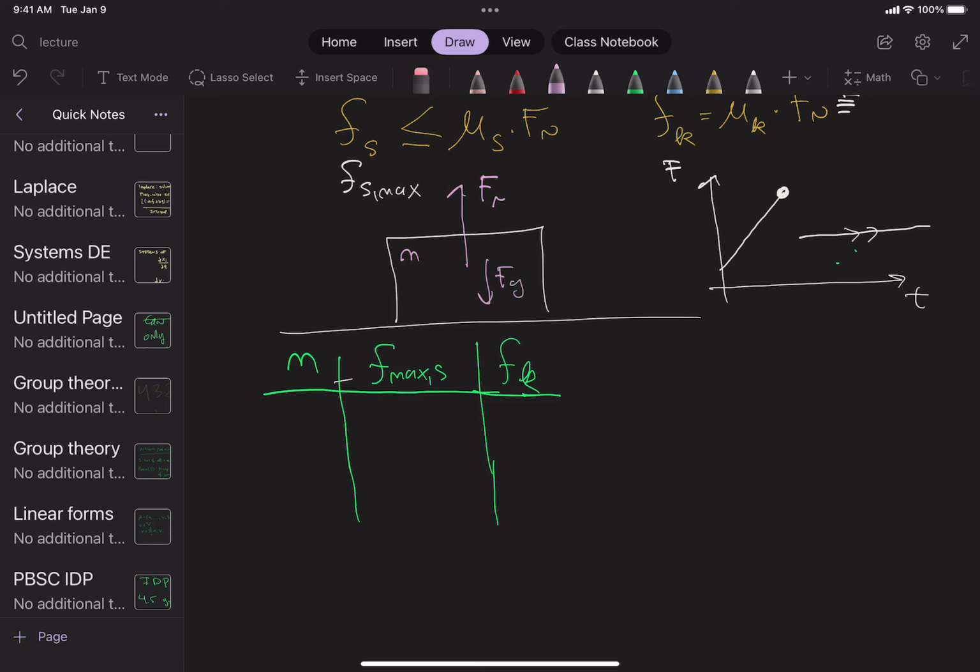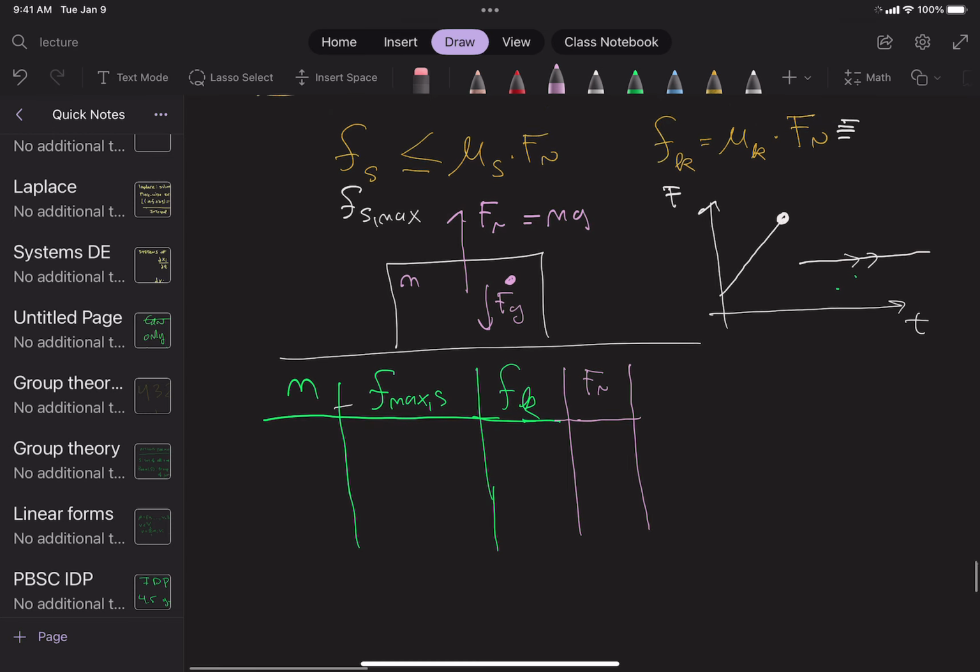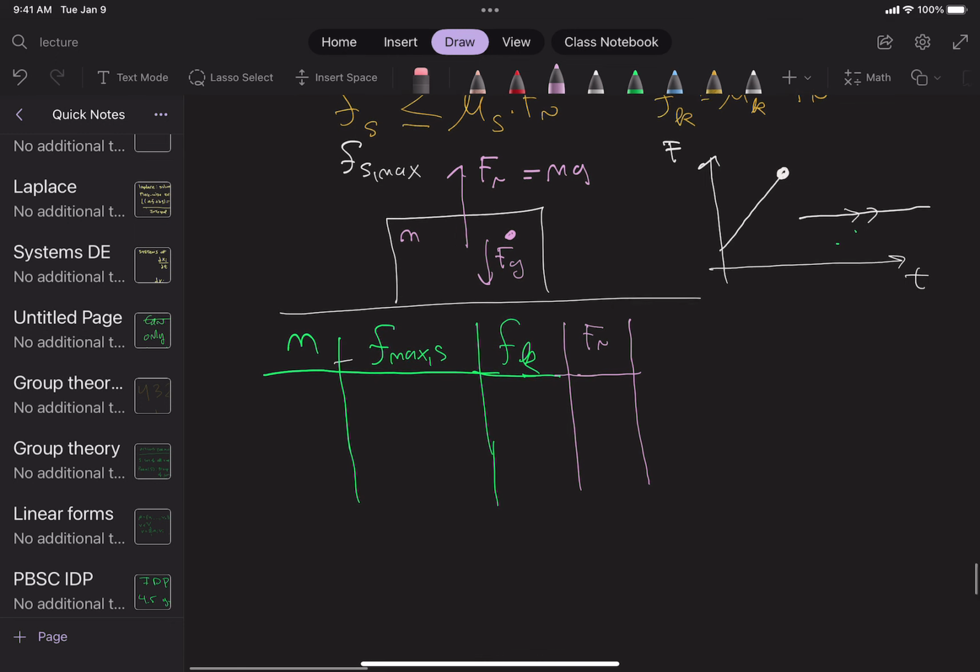But this block is only moving horizontally, it's not moving up and down, so that means that the normal force is going to be equal to the weight. So you're also going to calculate the normal force. And now you're going to create a table.